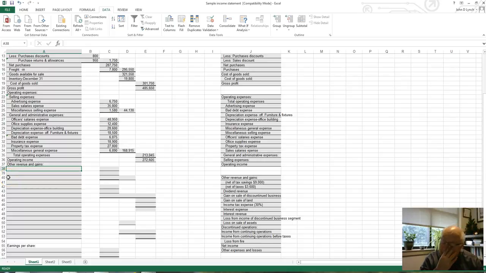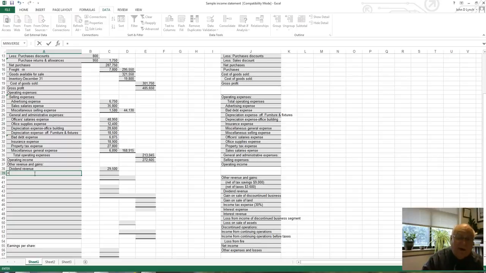Now this is income that you have coming in, but it's not your normal sales. So this would be other items that you may have, such as if you have investments in other companies, you have dividend revenue, which in my case is $29,500. That's having common stock that you purchase in another company.